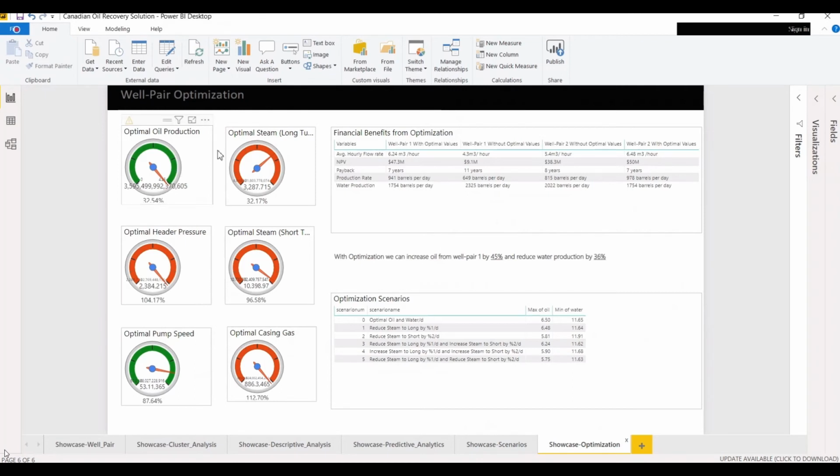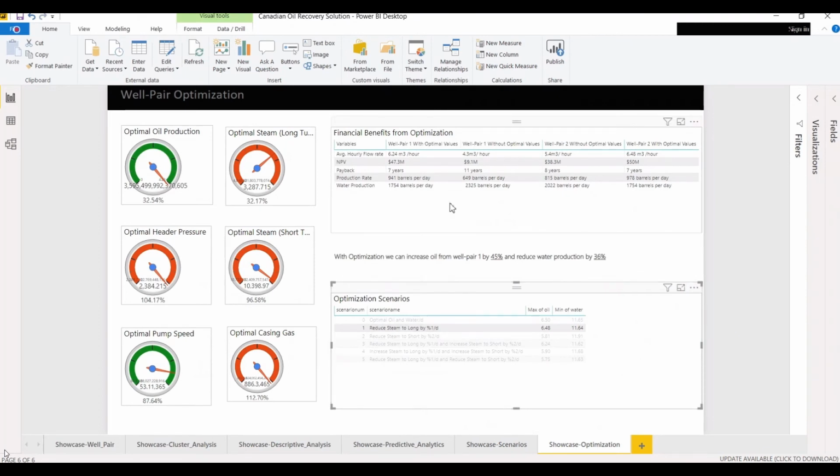In this case, the Y variable is the oil production, and the independent variables are the optimal steam header pressure, steam pump speed, and casing gas. What we want to really show the operator is what optimization scenarios lead to higher financial benefits.